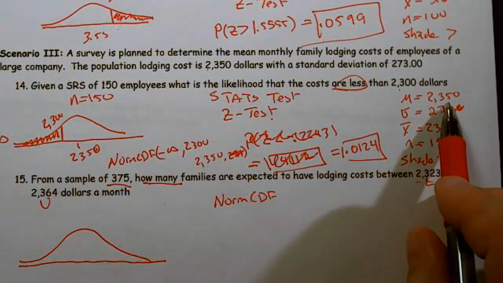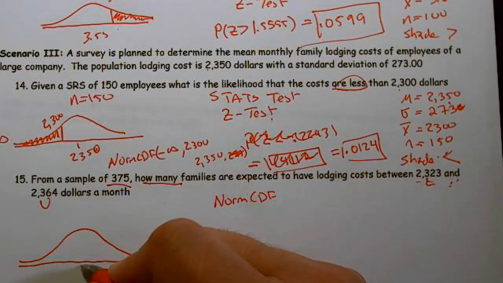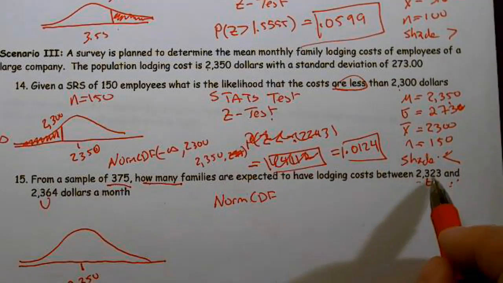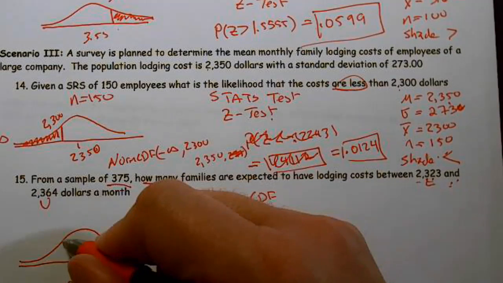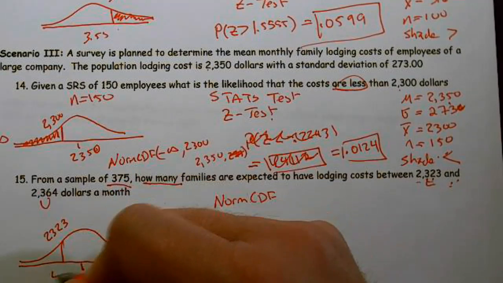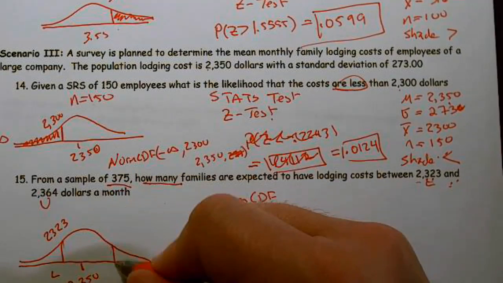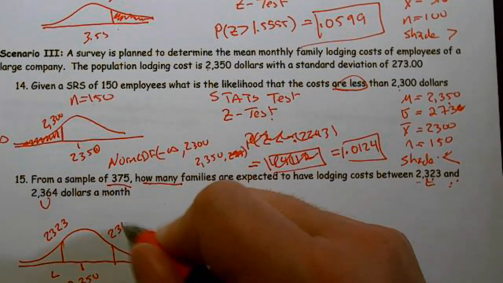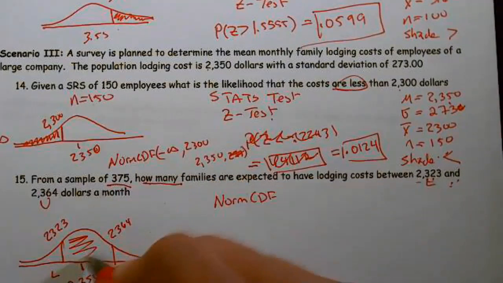My mean happens to be 2,350. That hasn't changed. 2,323 is below that. 2,323, that's my lower bound. My upper bound is 2,364. We're looking for this area.